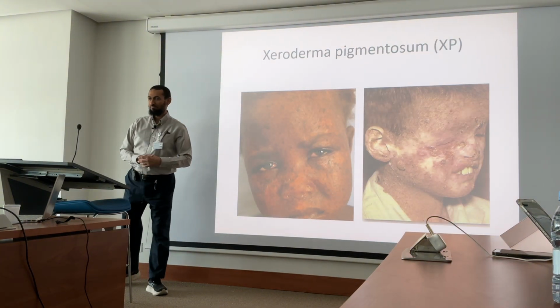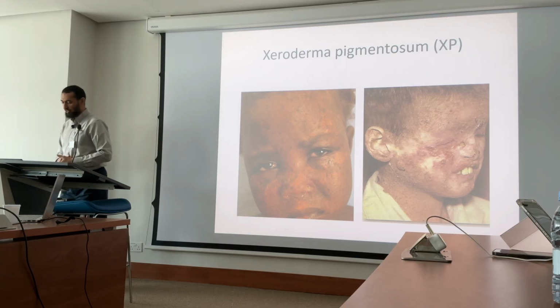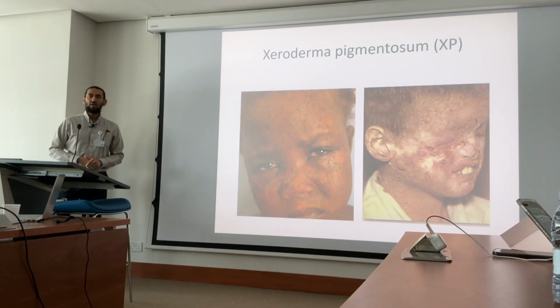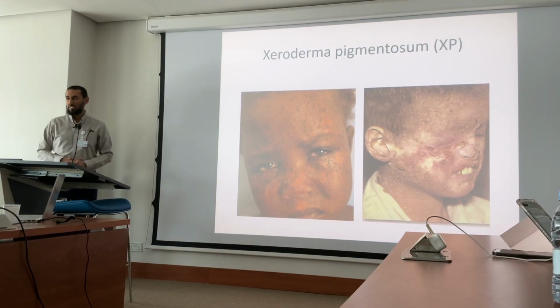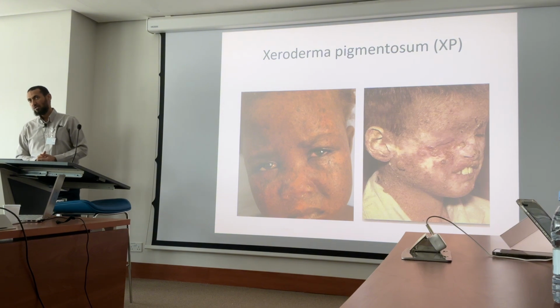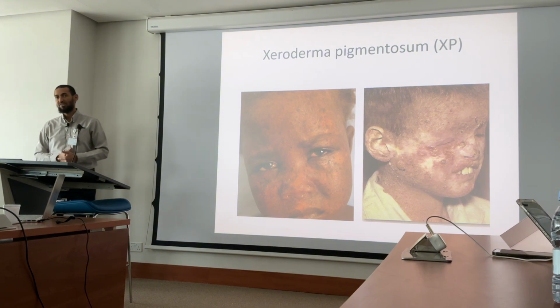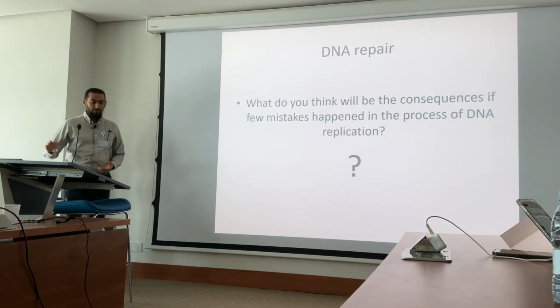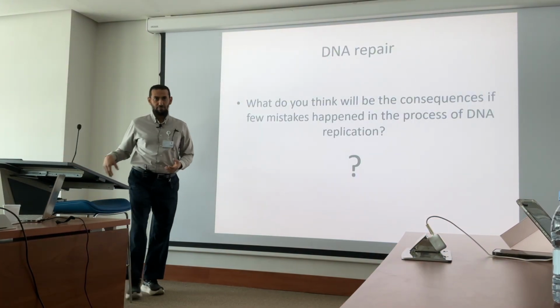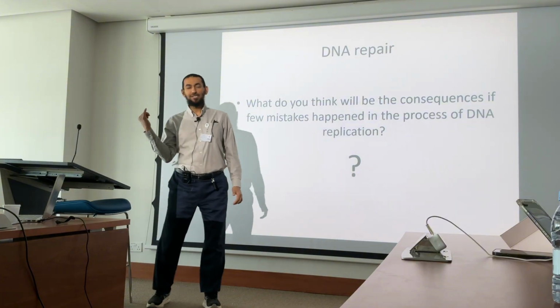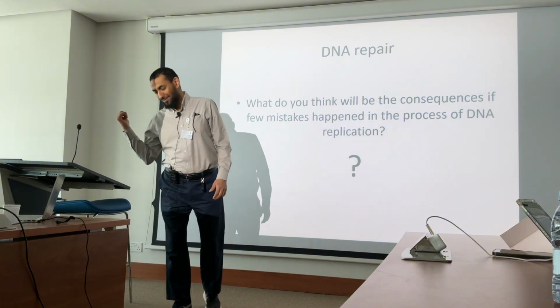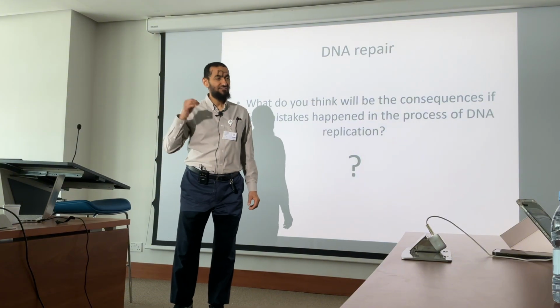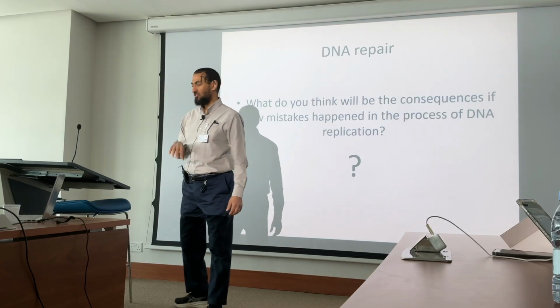Xeroderma pigmentosum, another disease, a skin disease with more than a 1,000-fold increased tendency to have skin cancer if exposed to sunlight. These two examples I brought because these two diseases are caused by a defective repair mechanism, full stop.